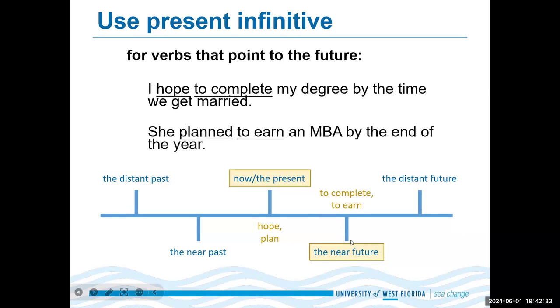Now, can you see the illustration below? I hope to complete my degree by the time we get married. It is stated in the near future because basically we can understand that sooner, as when she or he gave that sentence or conversation, he or she is really planning on getting married.